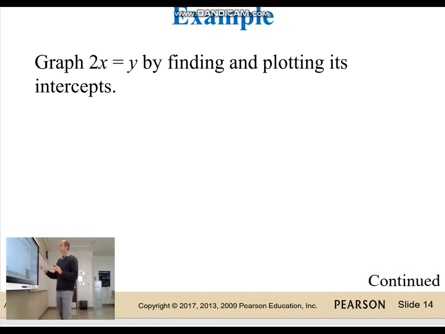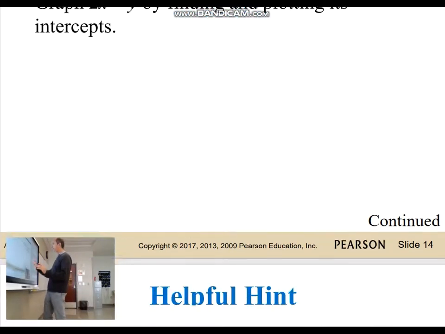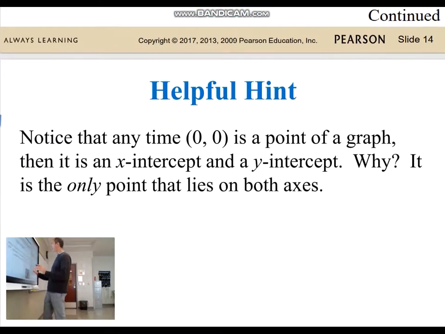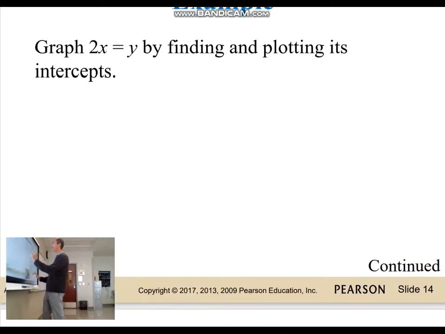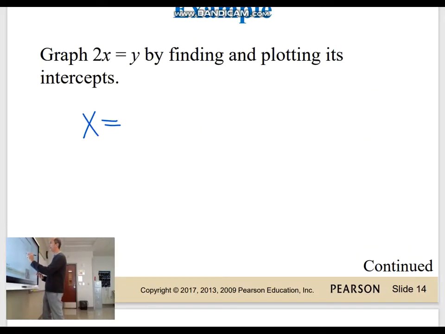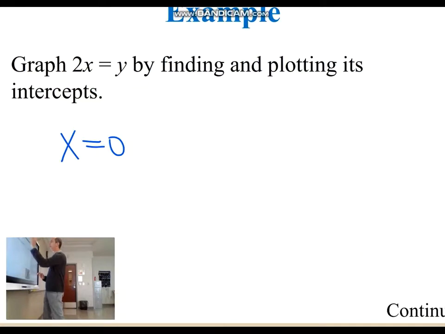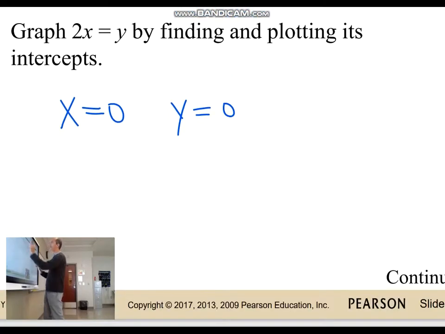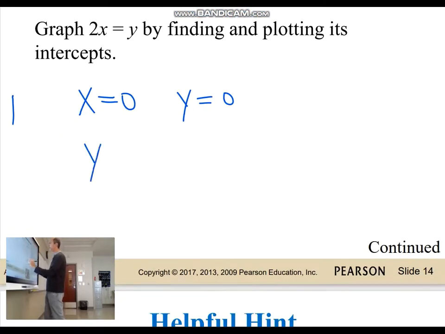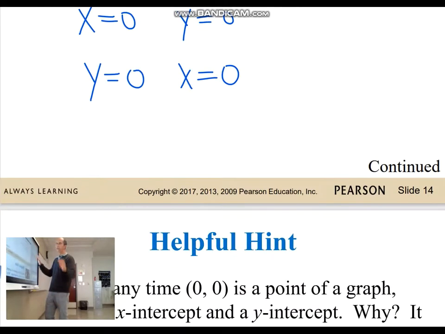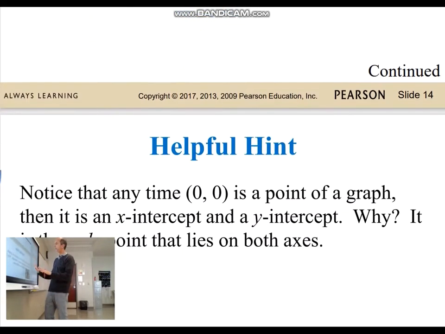And this is a very interesting situation, because if we try to make x equals 0, you will find y equals 0, and the other way around is going to be the same thing. If you try to make y equals 0, you're going to find x equals 0. That means the y-intercept and the x-intercept are both in the same point.